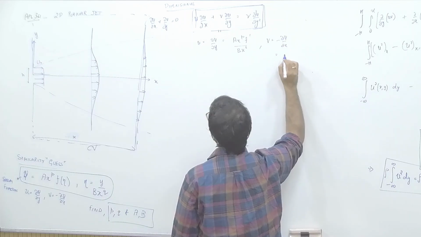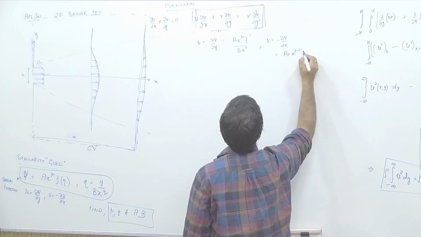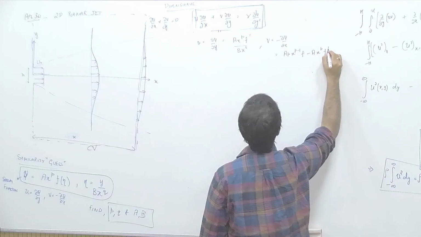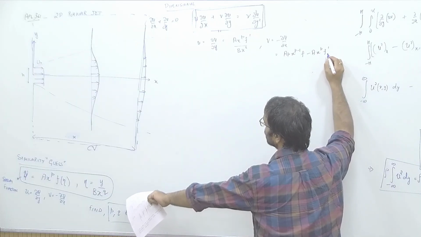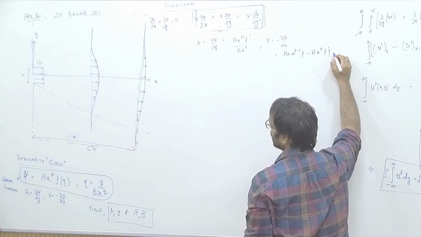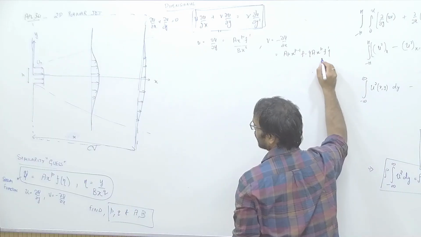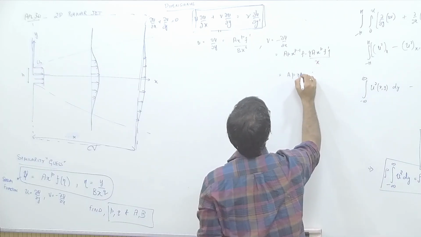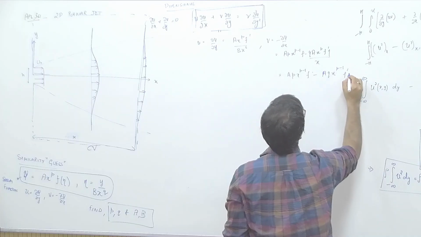So this becomes minus a p x to the power p minus 1 f, plus a x to the power p f prime times y by b x to the power q, which is eta, times q over x. So p minus 1: it'll be minus a p x to the power p minus 1 f plus a q x to the power p minus 1 f prime eta.